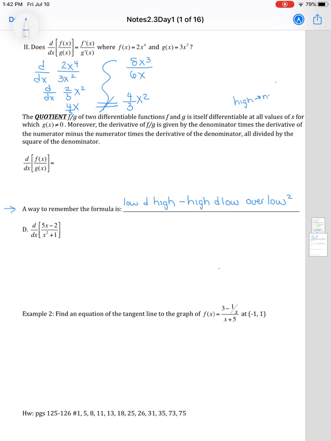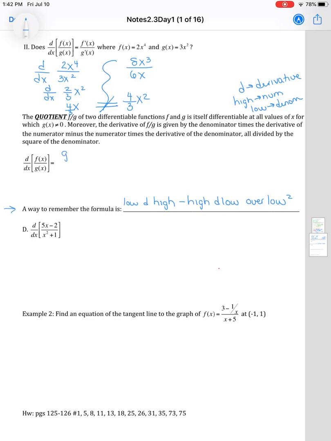I'll go over what those mean. Basically, high is the numerator and low is the denominator, and D means derivative. Okay, so low D high minus high D low over low squared.